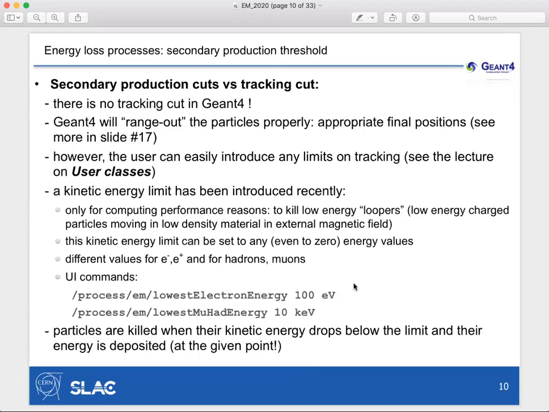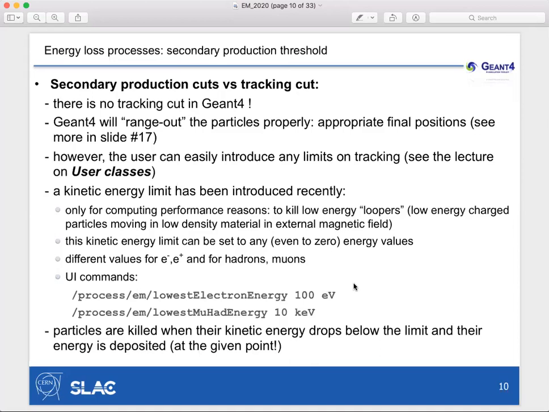So just a couple of words at the end of this production threshold business. It's important to make a difference between secondary production threshold and tracking cut. A tracking cut means that, if you introduce it in energy for example, whenever you are tracking a particle and its energy drops below that threshold, you stop the particle and you don't track it further.